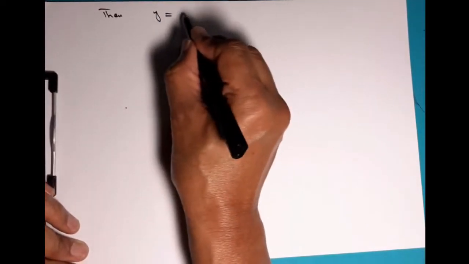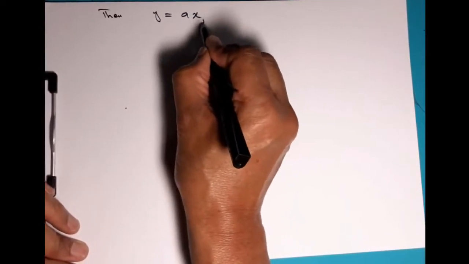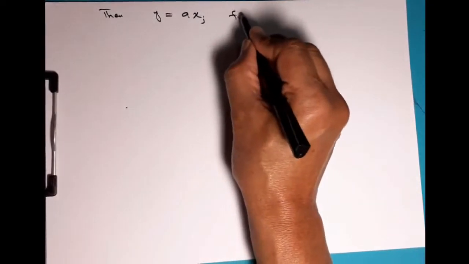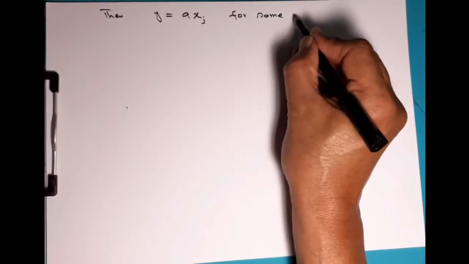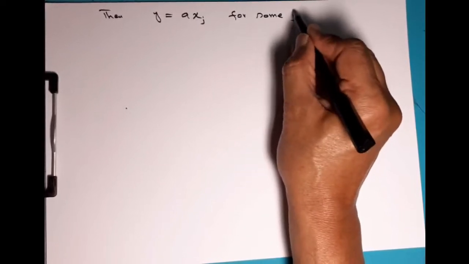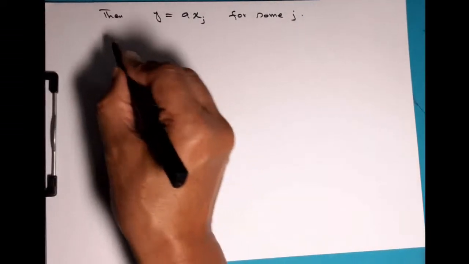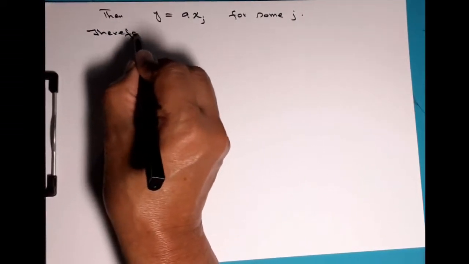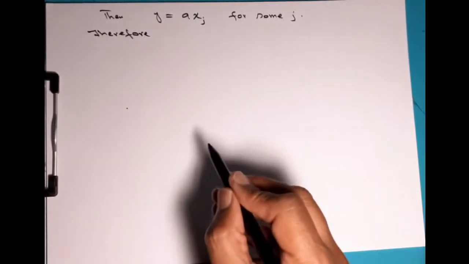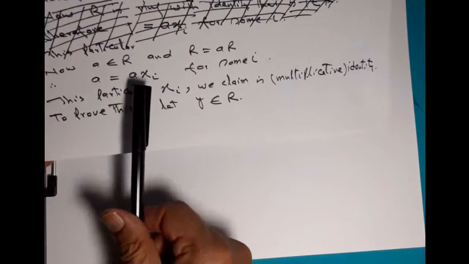So let Y belong to R, then Y is equal to AXJ for some j. Therefore, we have to show that this particular xi, which we have already discussed, is the multiplicative identity.